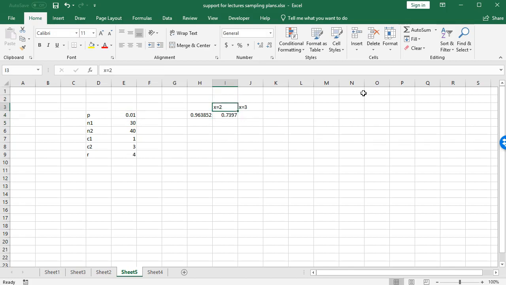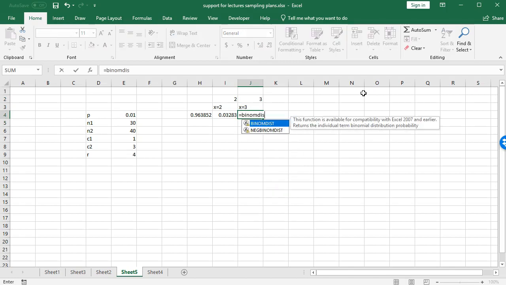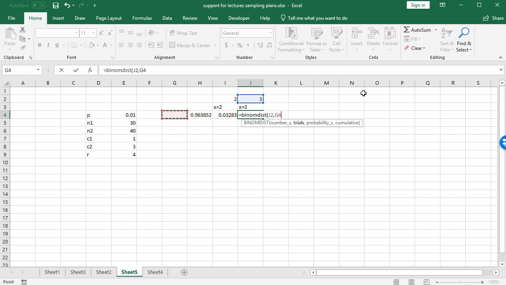Now, this is referenced into cell number 2, or I2. So that's the probability. And the same case would be when x equals 3. This is the binomial distribution with 3 successes, sample size 30, proportion of defective 1%, cumulative no.